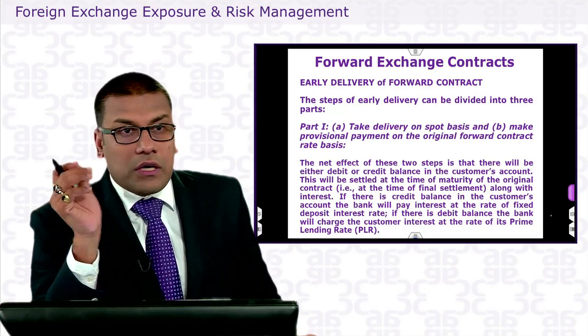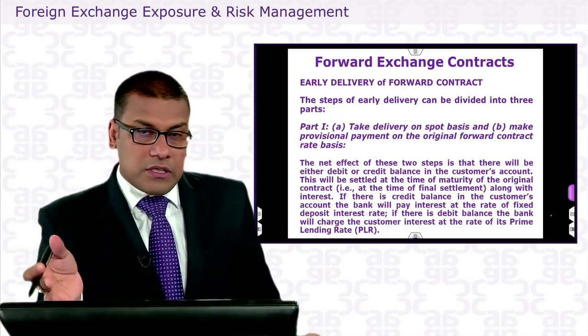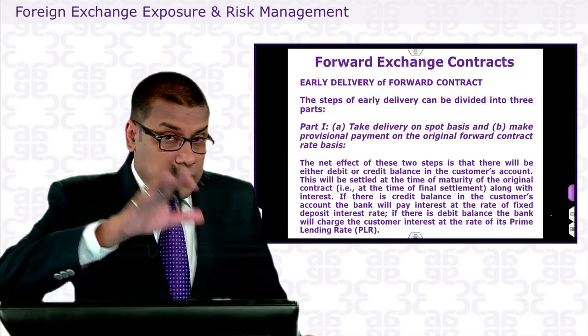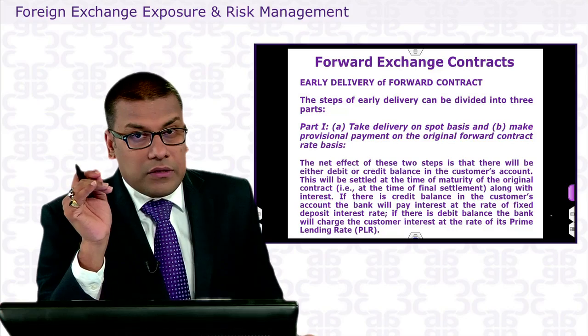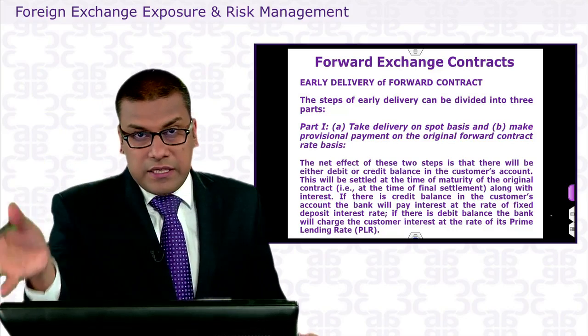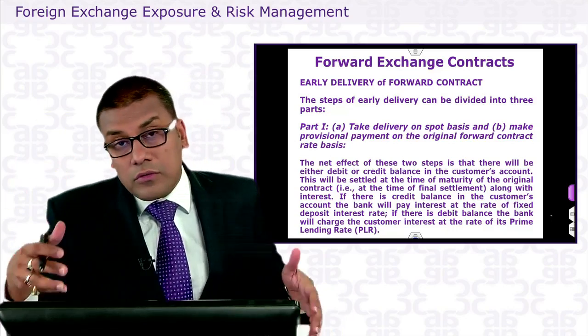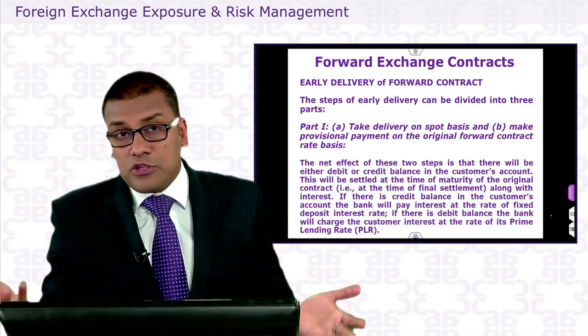Now the customer is not coming on 30th, is coming on 15th to say I want to deliver it now. The rate applicable would be the same which the bank agreed in the original contract, but the bank is still under obligation with the market. So that obligation has to be met by the bank.